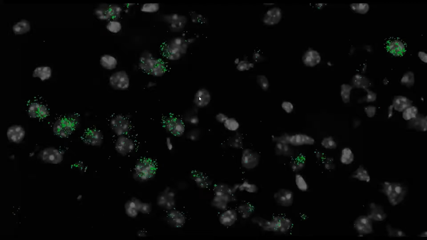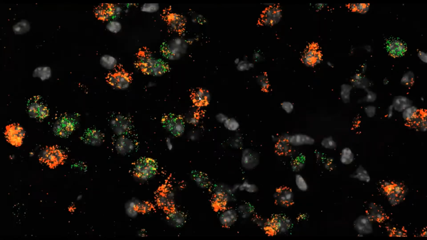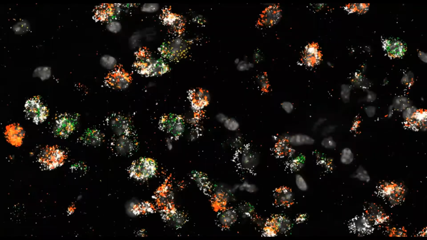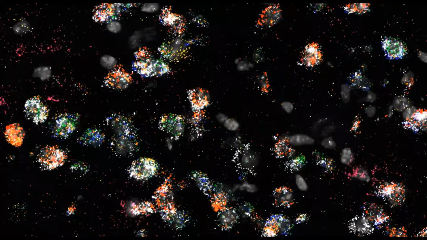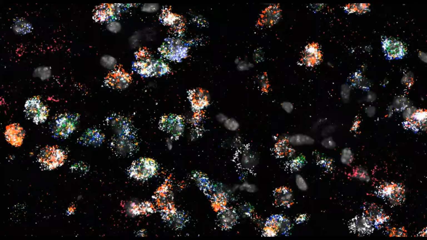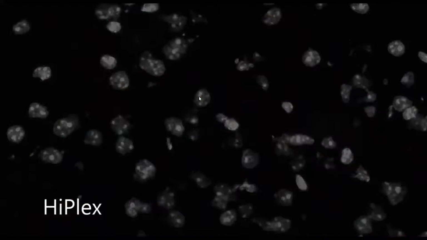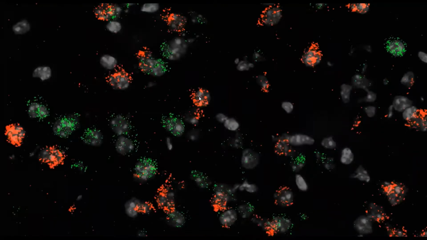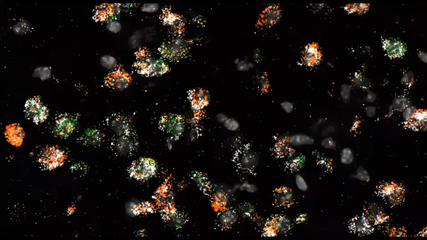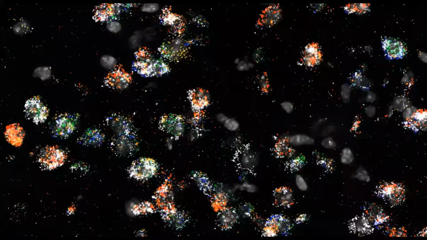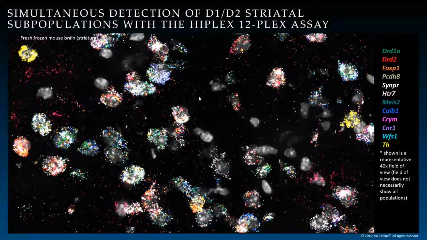And here is the result from that, where you can very specifically study where each of these targets are expressing within that region of the brain and identify how the D1 and D2 populations are organized within the mouse brain cortex. So this allowed us to nicely profile these neuronal subtypes within the mouse brain cortex.